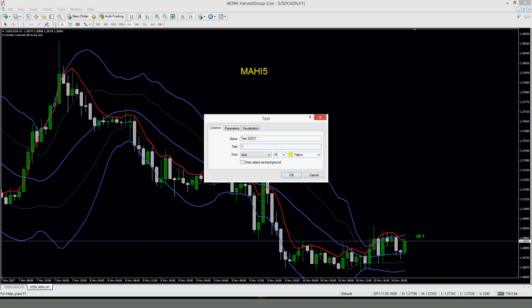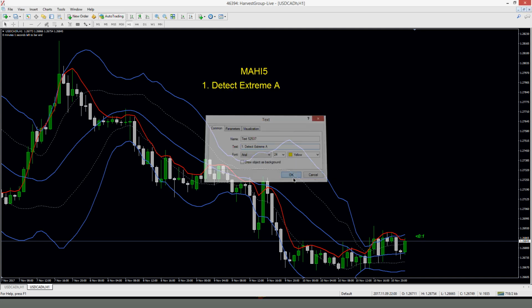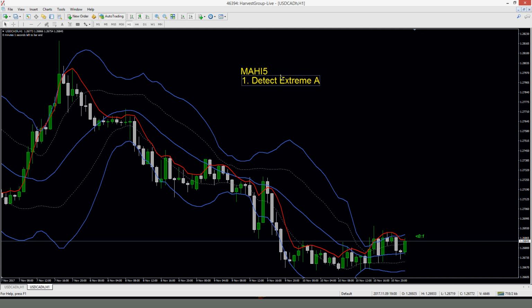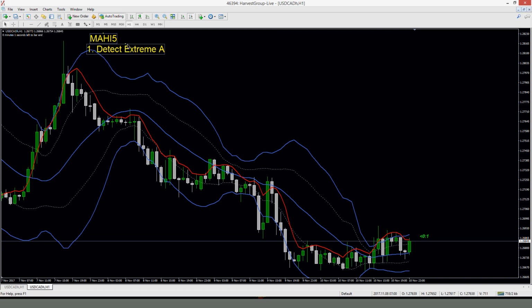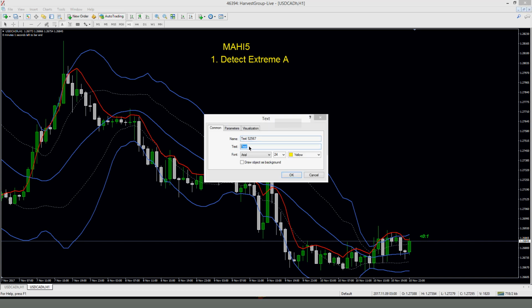The first one is to detect extreme A. The next one is a point of entry sell.